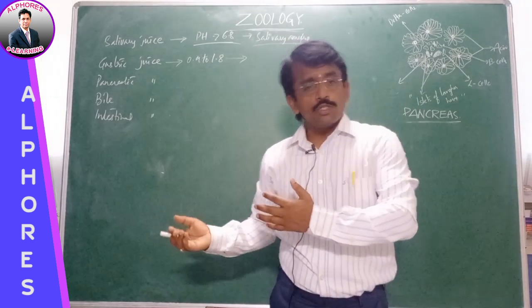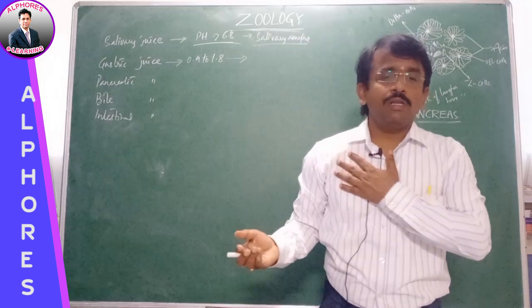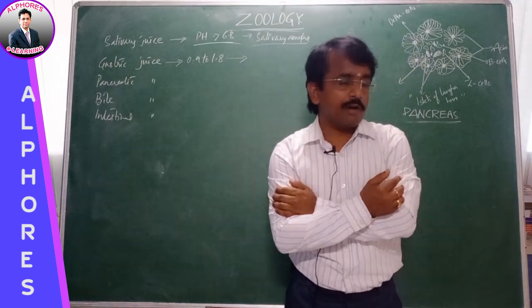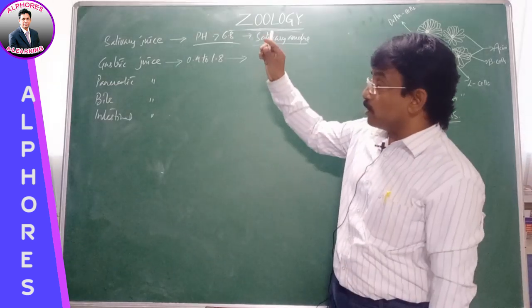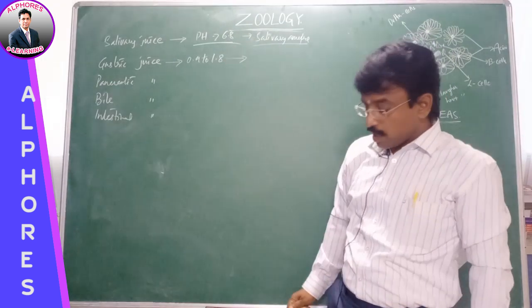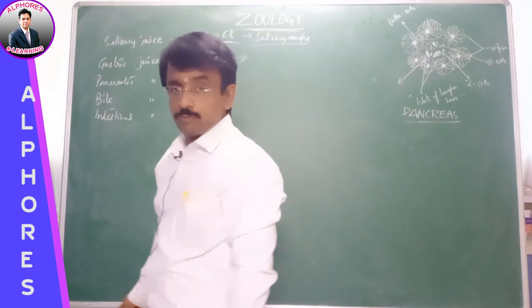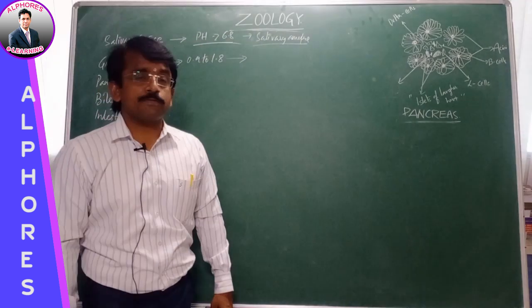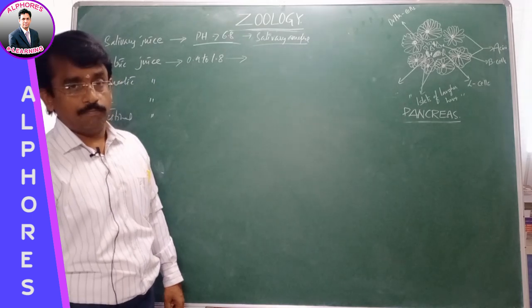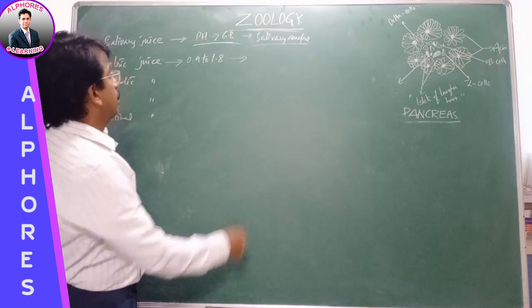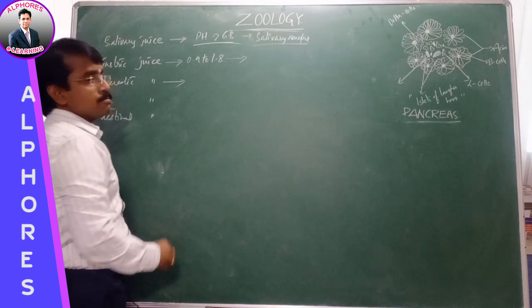The HCl is an enzyme activator which also kills bacteria. It also contains the castle's intrinsic factor, which is for the absorption of cyanocobalamin or vitamin B12, and mucus.